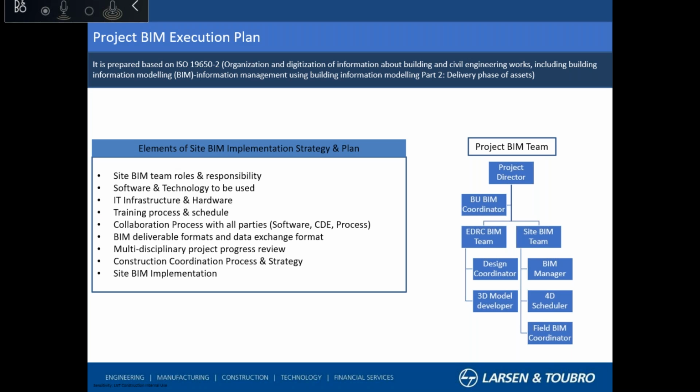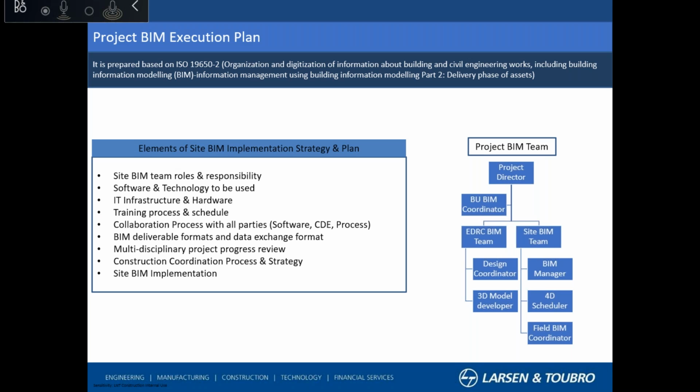Now my project BIM execution plan. What is that? This one is also prepared based on ISO 19650 part 2. If you see on the right side, my project BIM team org chart is predefined in this document. So who will be the key players in this project's BIM implementation phases is defined.